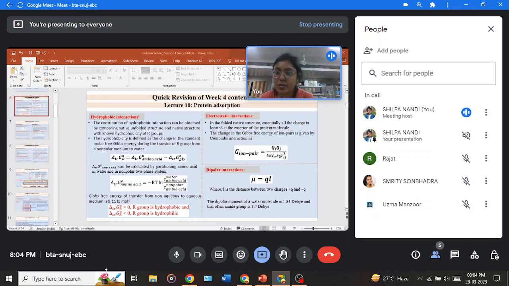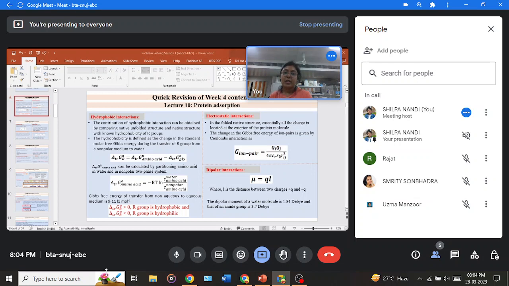I already said that hydrophobicity can be defined as the change in the standard molar free Gibbs energy during the transfer of the R group from a non-polar medium to water, and hence the equation forms as the Gibbs free energy of transfer is equal to the Gibbs free energy of transfer of the amino acid minus that of glycine. At the end you can see it's written that if the Gibbs free energy of transfer is greater than 0, then the R group is hydrophobic, and if it is less than 0, the R group will be hydrophilic.